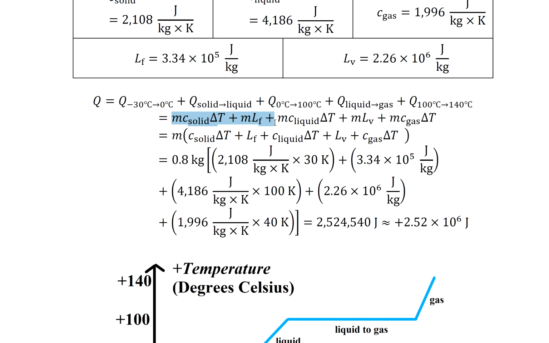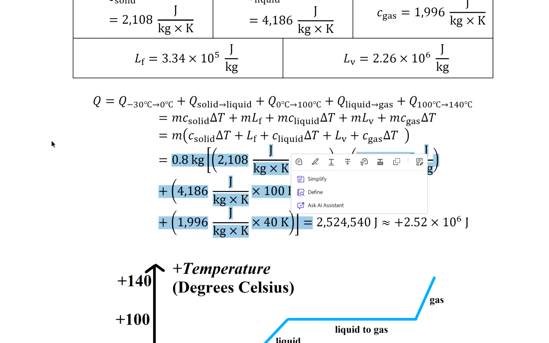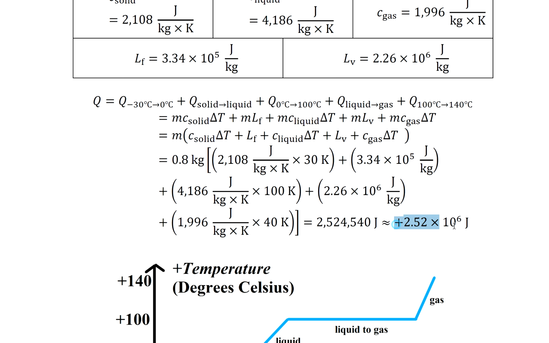So we have these 5 terms here. And we could factor out the mass, and then plug in for all of the variables, and then simplify it to 3 significant figures.